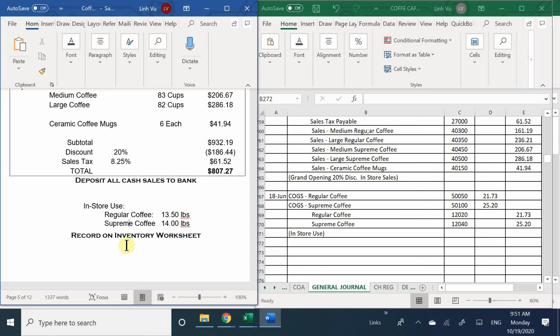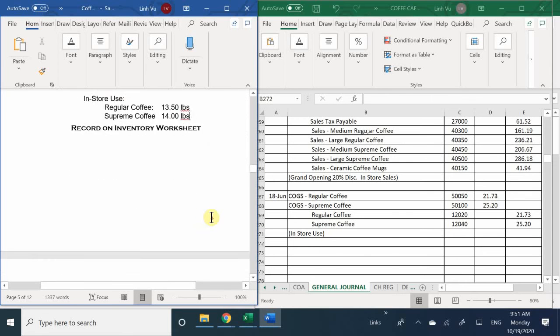Do we care how much we sell? No, because when do we find out how many items we actually sold? At the end of a certain period. At the end of the given period. That is correct. So do we need to journalize it? No, not now, but we will at the end of the given period.